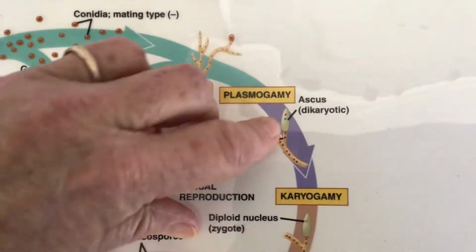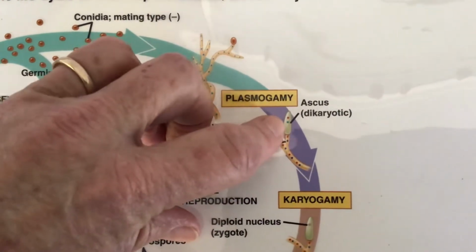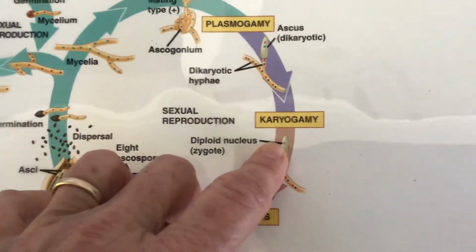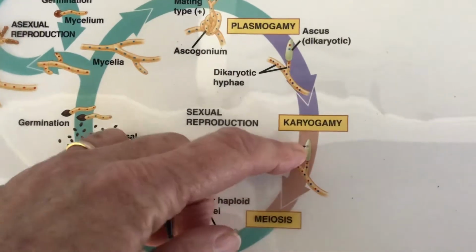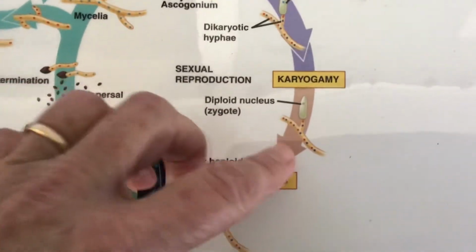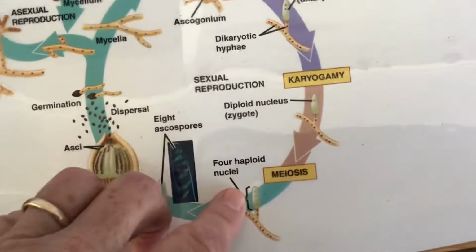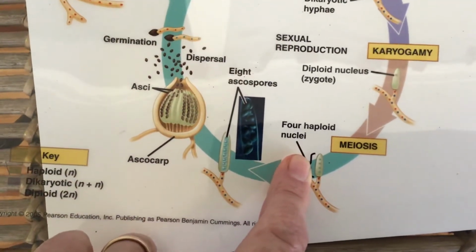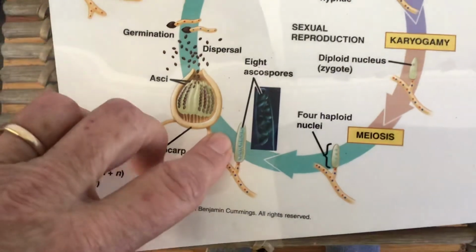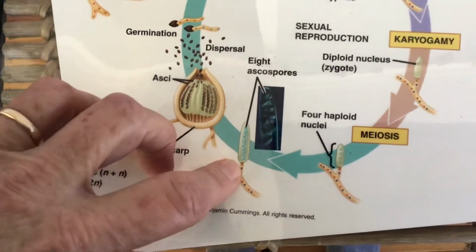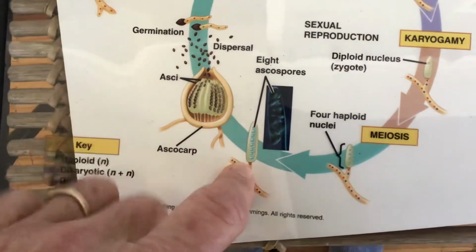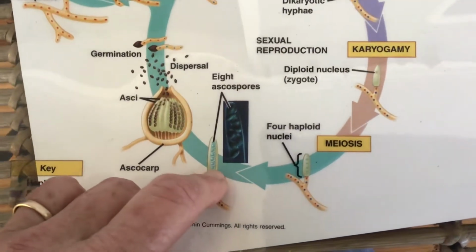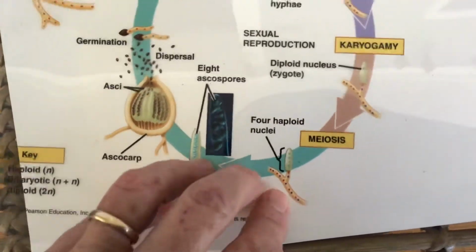Then as the original ascus forms, you get karyogamy. So what happened then, you created a diploid nucleus, or the zygote, and then that will undergo meiosis. When it undergoes meiosis, it creates 4 haploid cells, and then it will do mitosis and create 4 more, so there will be 8 haploid cells within an ascus. Now the asci are in a dikaryotic structure.